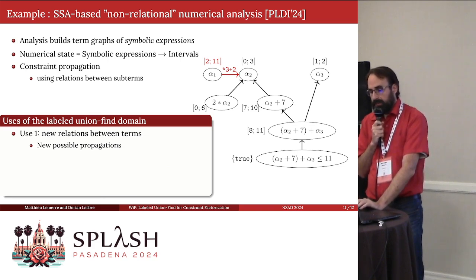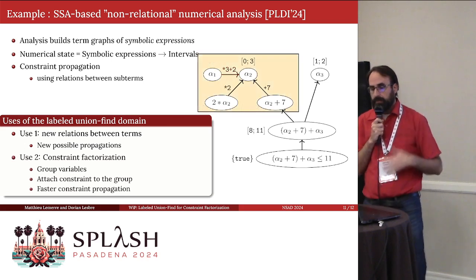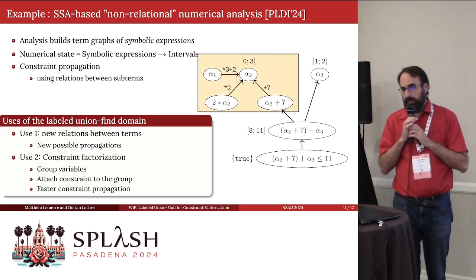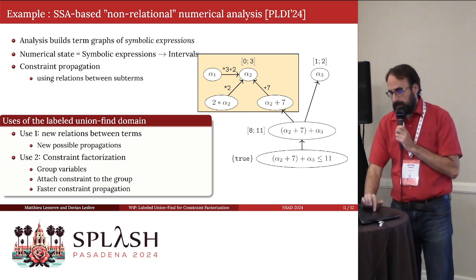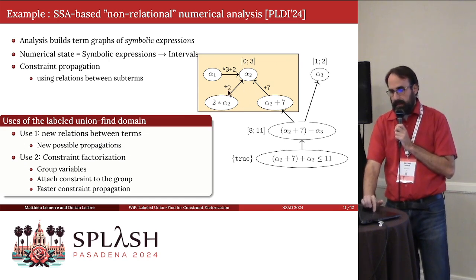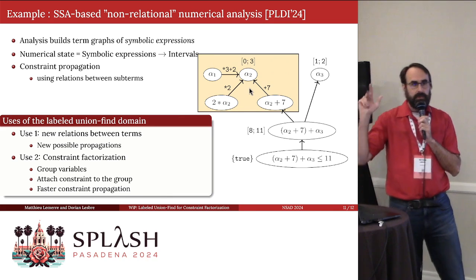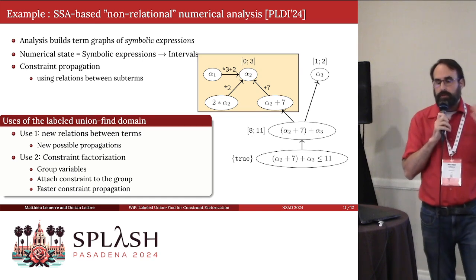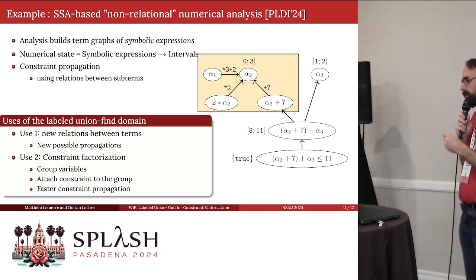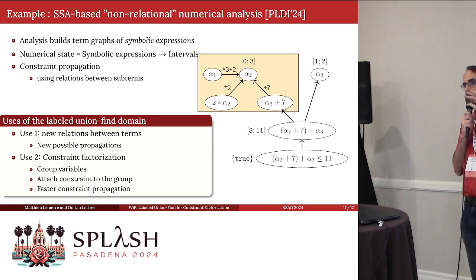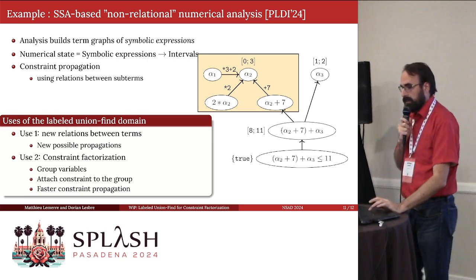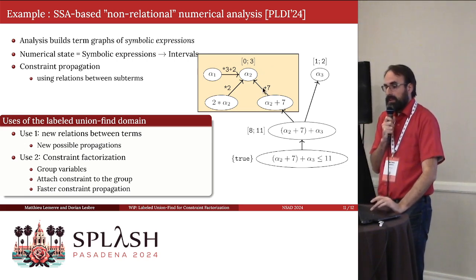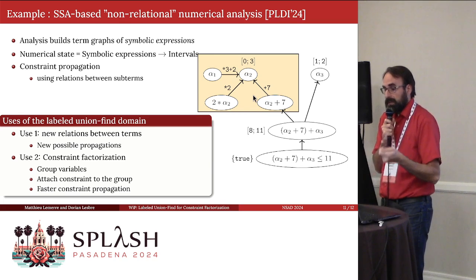But another interesting application is what we call constraint factorization. So the idea is that all of these variables are grouped using this labeled union find data structure. Normal union find is used to represent equivalence classes, so we have some kind of extension of the notion of equivalence class, where all the variables that are related, we can group them.